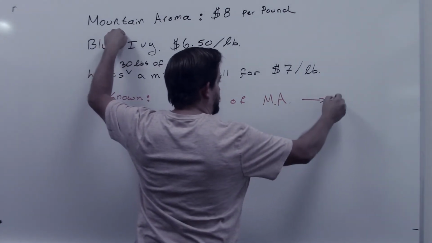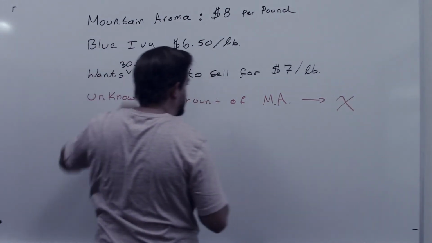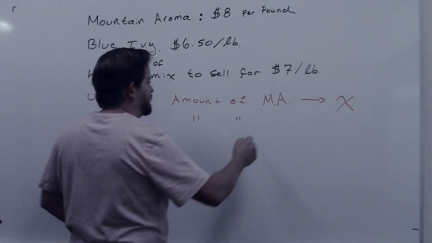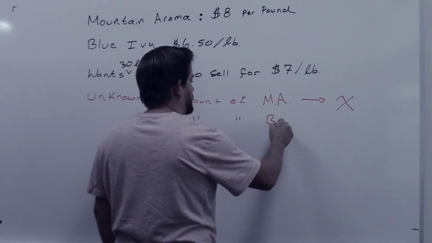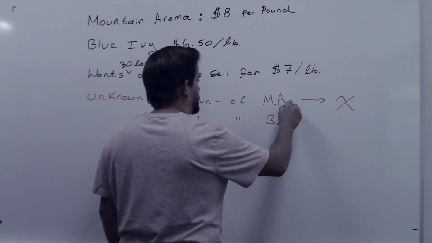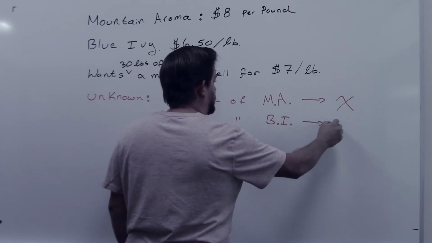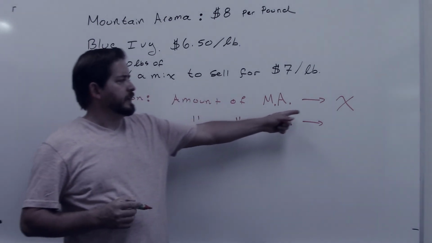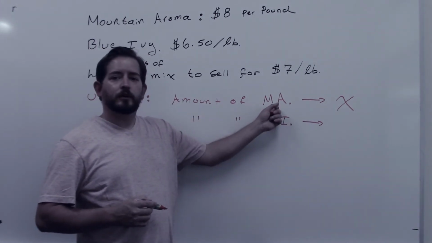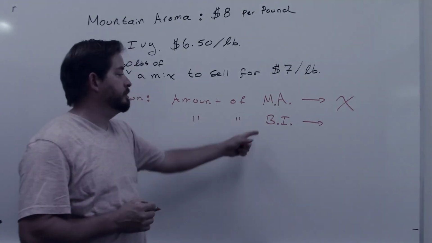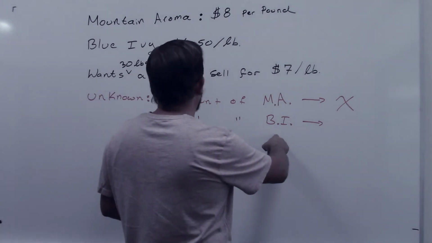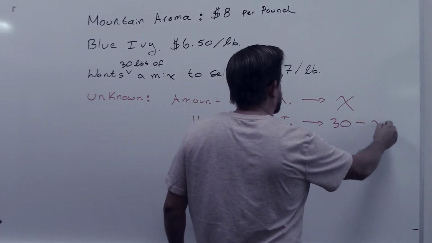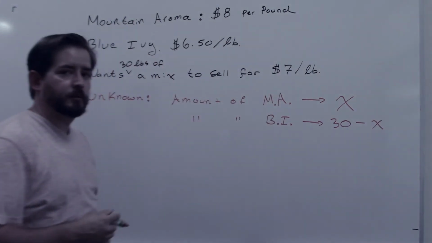So we're going to call that probably X. I also don't know the amount of Blue Ivy, which we're going to abbreviate BI. But if I know that he wants 30 pounds total, I've already designated X to be the number of pounds of Mountain Aroma, very similar to the last problem. Then Blue Ivy is 30 minus X. That's how many pounds.